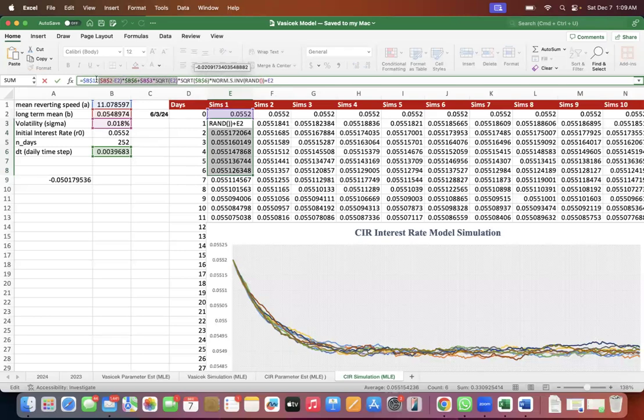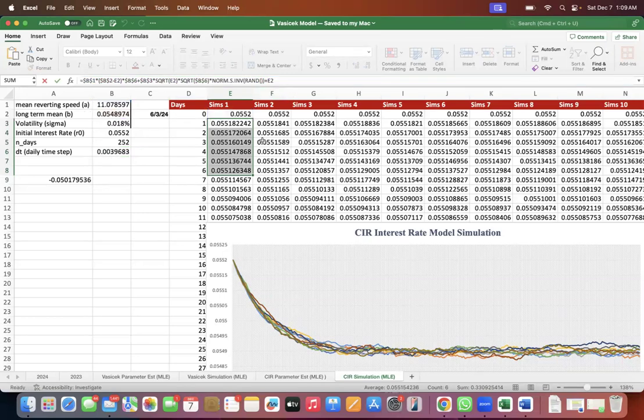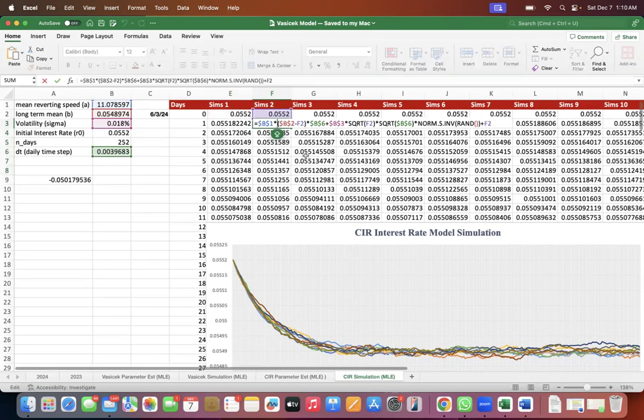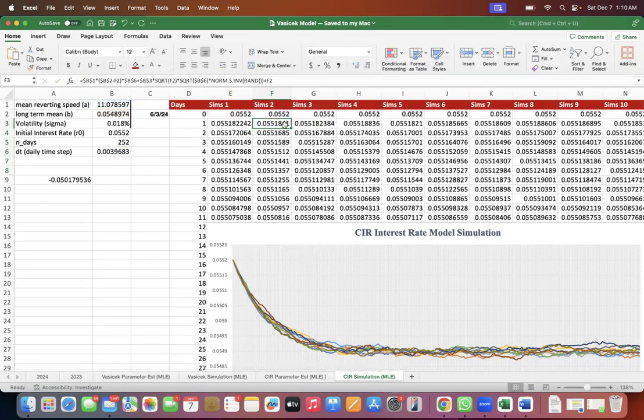And then we have the CIR equation. What we are doing is modeling the change in interest rate using the CIR equation and adding the previous day interest rate to get the current day interest rate. Like this, we'll be using the same formula to model the interest rates every day.